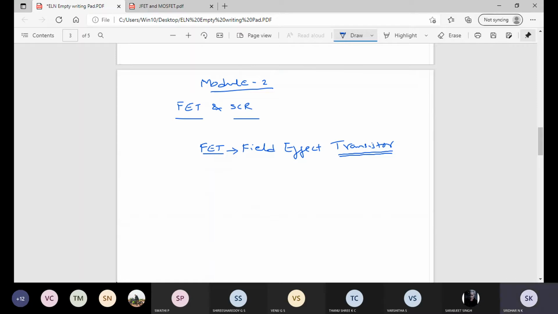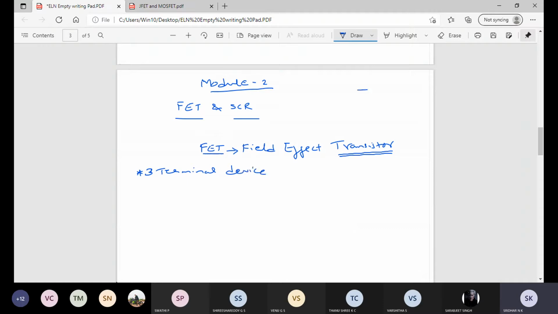If you see the specifications of this FET, what we notice is that FETs are a 3-terminal device, like a diode.